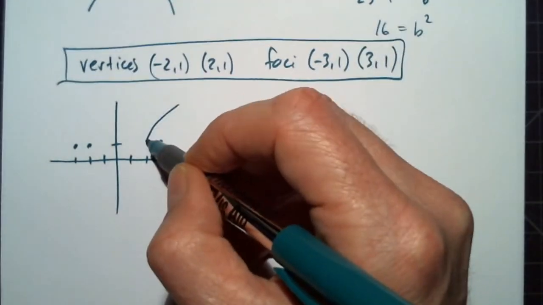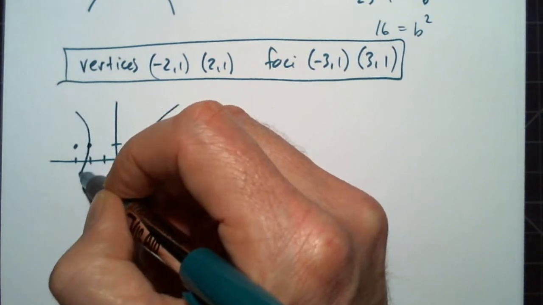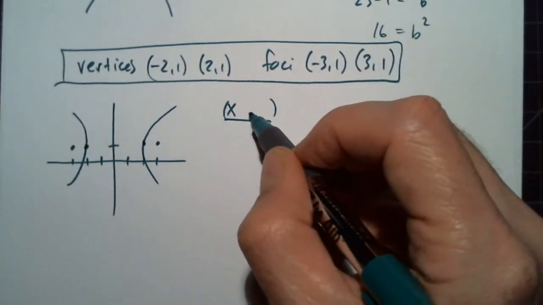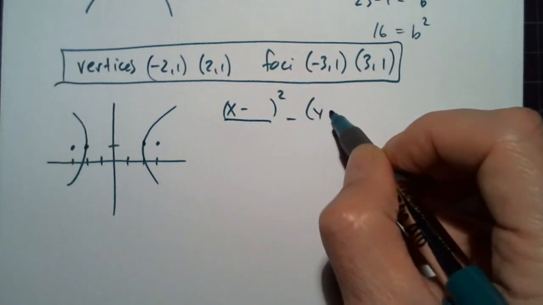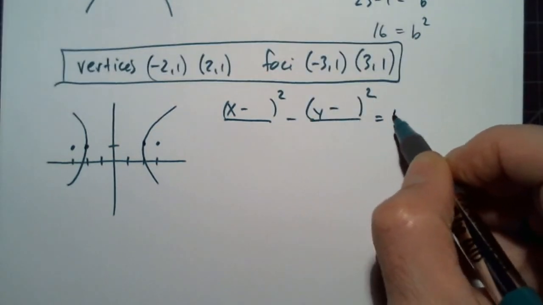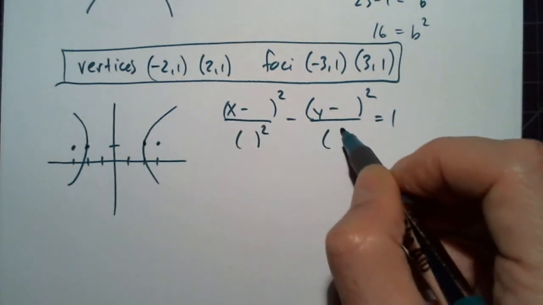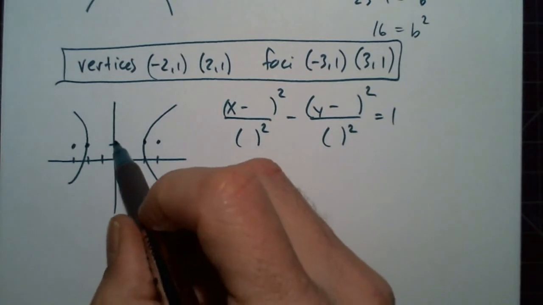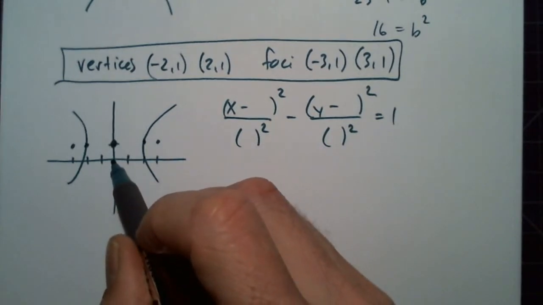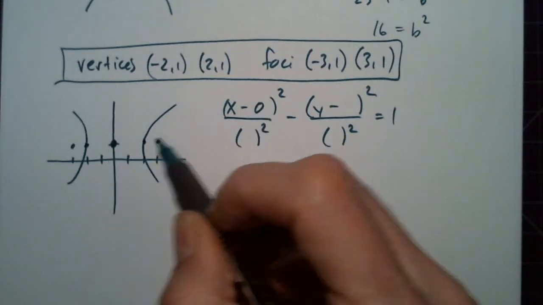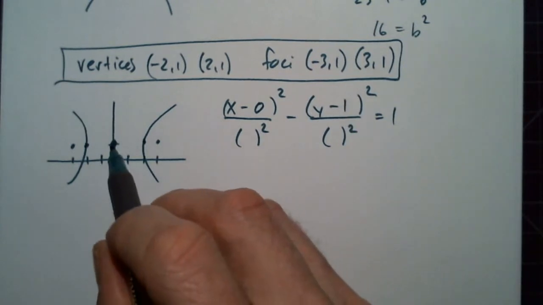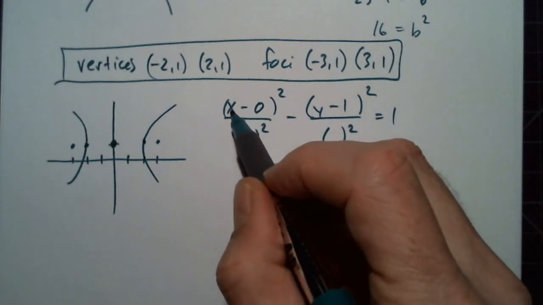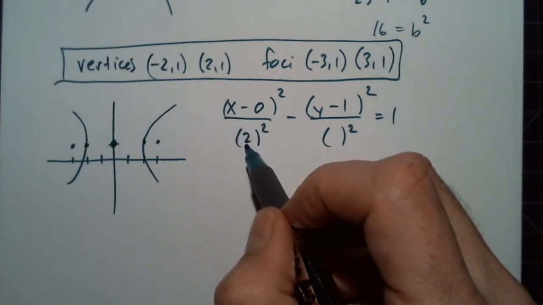That means the hyperbola is opening horizontally, and we know that x comes first in the equation. And we have to find the center. Well, that's right there. X value of 0, y value of 1. We have a horizontal distance away from the center of 2, so that's under the x because x is horizontal.